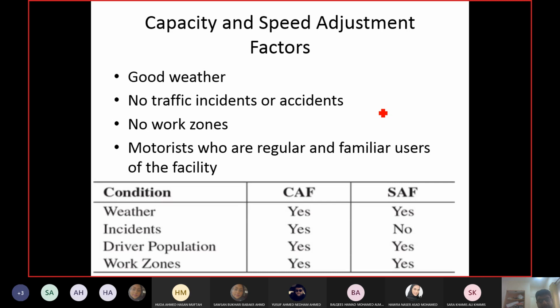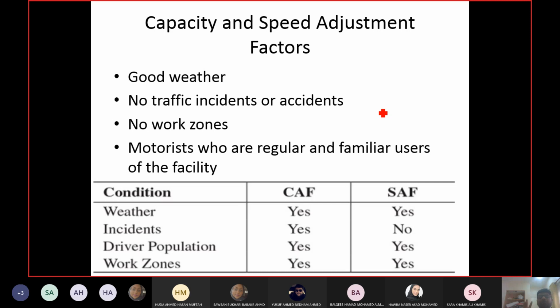For speed, the same adjustment factors are applied except the adjustment factor of incidents and accidents. So for speed, we need the adjustment factors of weather, work zone, and driver population, meaning regular and familiar users.